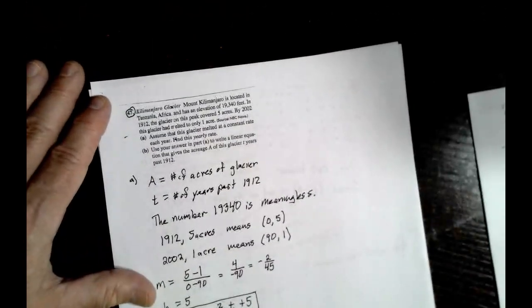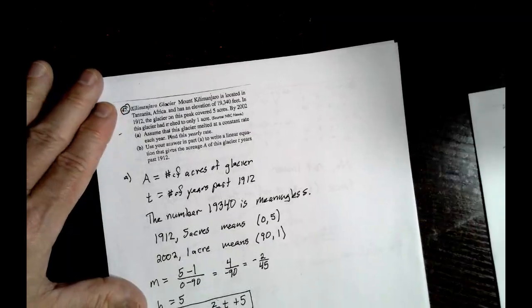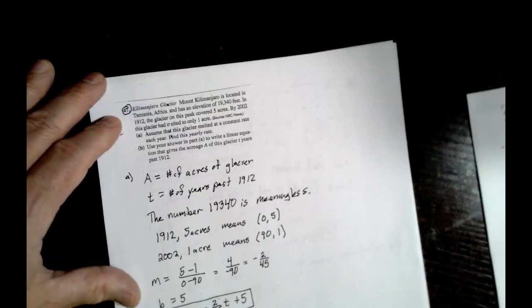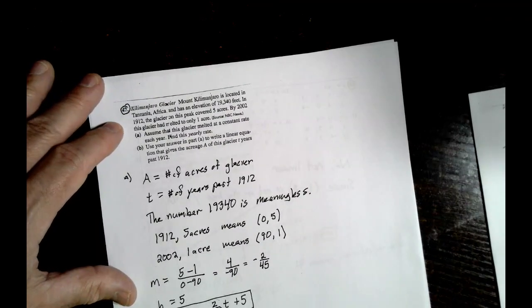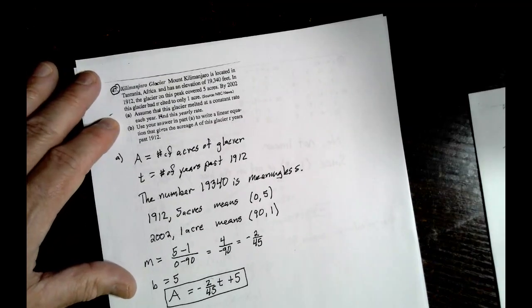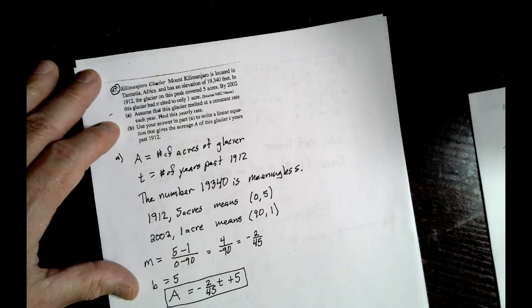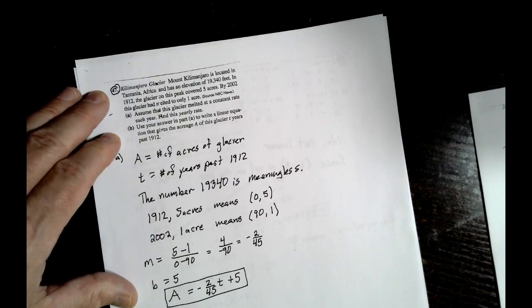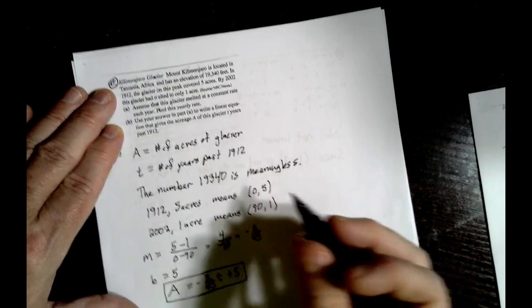Right. 47. Mount Kilimanjaro is located in Tanzania, Africa, and has an elevation of 19,340 feet. In 1912, the glacier covered 5 acres. By 2002, the glacier melted to 1 acre. Assuming the glacier melted at a constant rate each year, find this yearly rate.